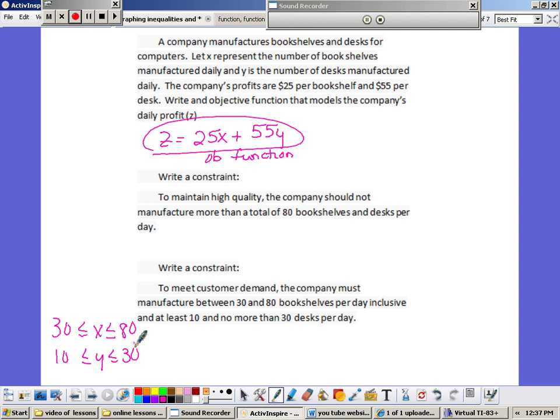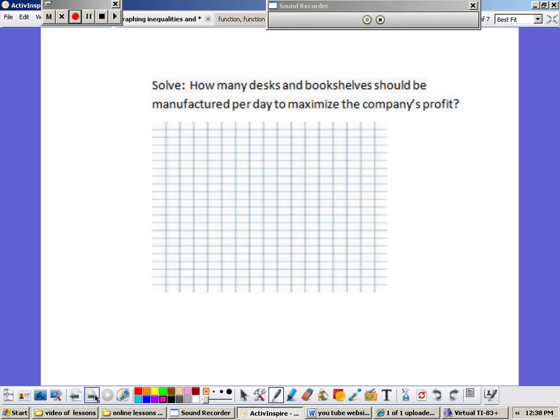So now I have two sets of vertical and two sets of horizontal lines. So 30 and 80, and 10 and 30. Okay, so let's see what we got here. We can go between 30 and 80 and 10 and 30.